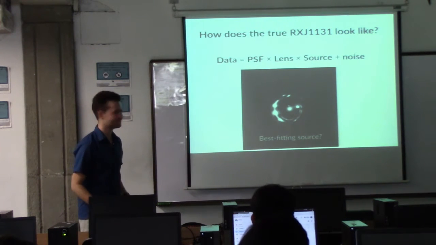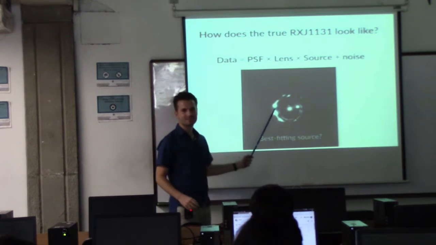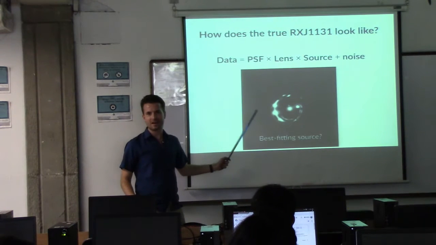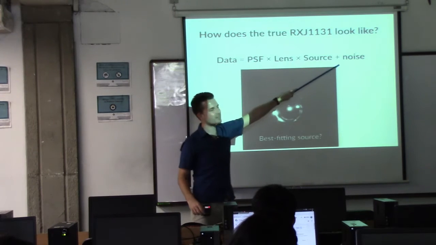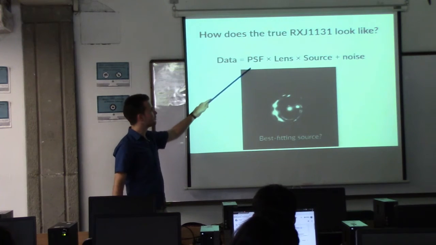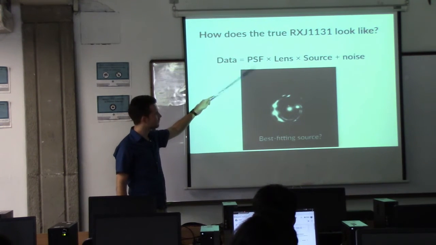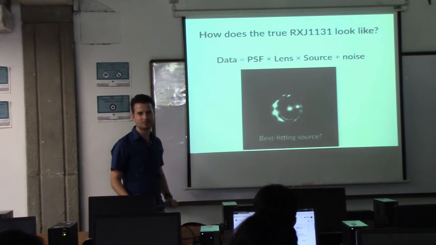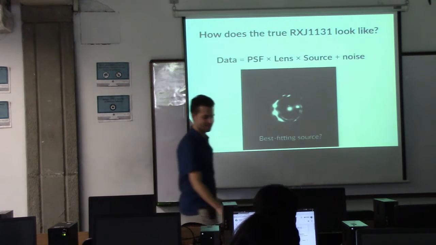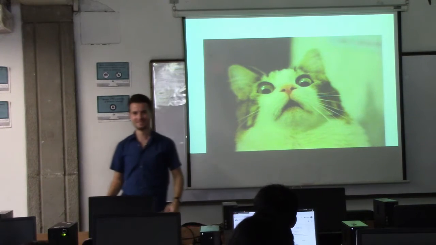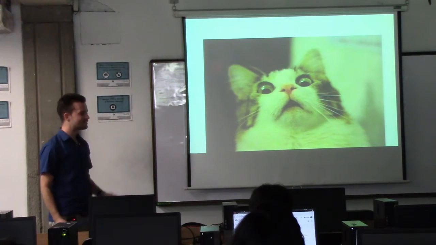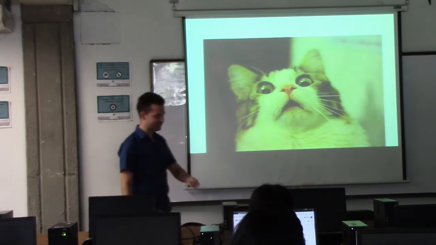Uh-oh. This is almost exactly like our lens looks like, except the noise is gone and the PSF is removed. And our source looks like this. Uh-oh. So what the heck happened here?